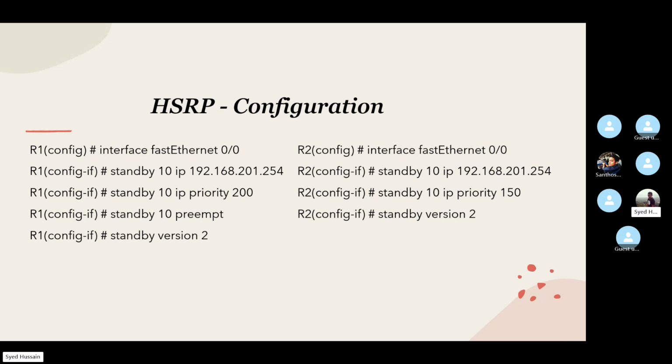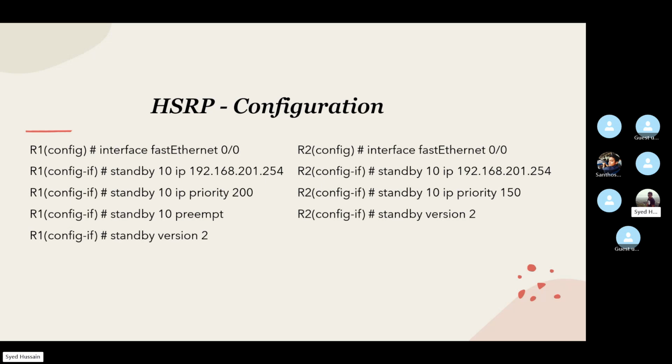Then standby 10 priority, which I'm setting to 200. The higher priority will work as the active router. If the priority is also the same, the router which came up first will act as the active router.